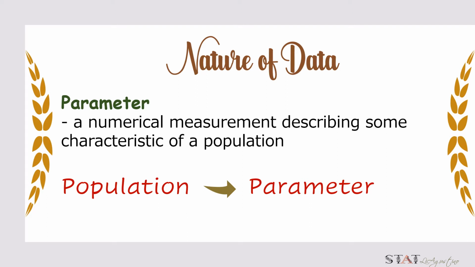Next is the nature of data. We have two natures of data, the parameter and the statistics. So what is this parameter? A numerical measurement describing some characteristics of a population. So if I've taken information from the population, then that measurement, I call it a parameter.